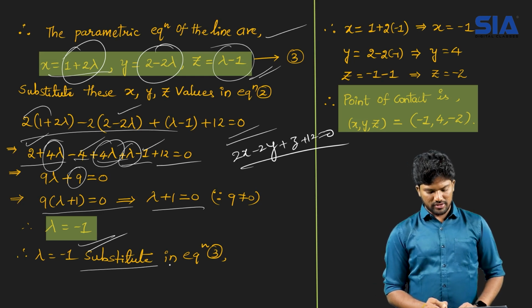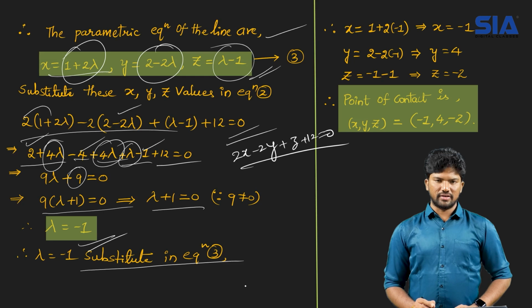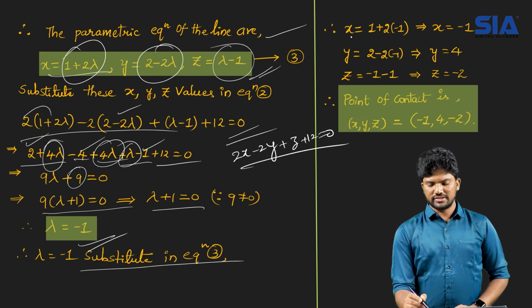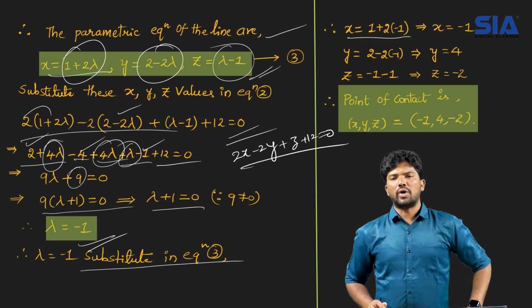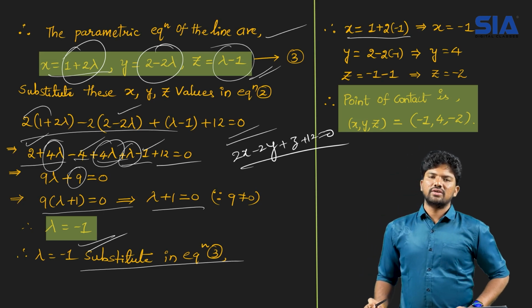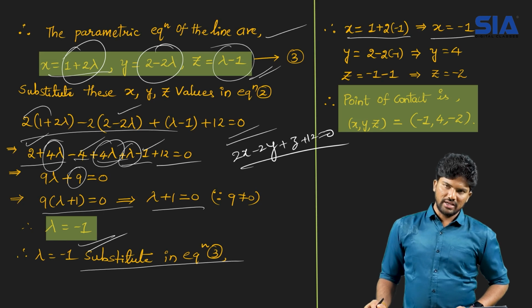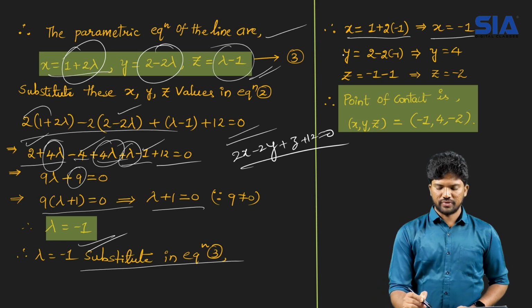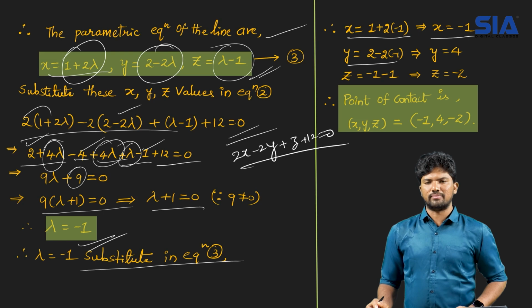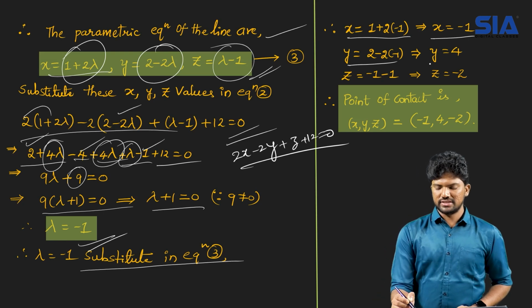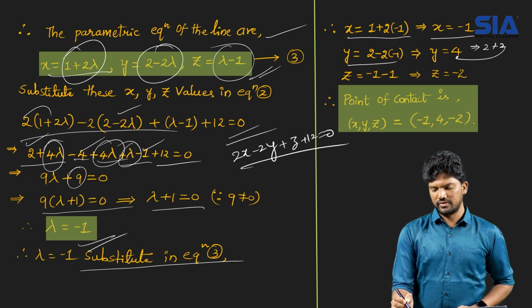Substitute this lambda is equal to minus 1 in equation number 3. From the parametric equations, x is equal to 1 plus 2 into lambda, so 1 plus 2 into minus 1, 1 minus 2, gives x is equal to minus 1. Next, y is 2 minus 2 lambda, so 2 minus 2 into minus 1, minus into minus is plus, so 2 plus 2 is 4.